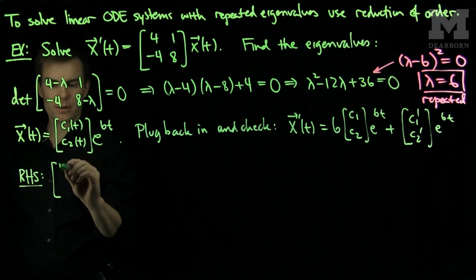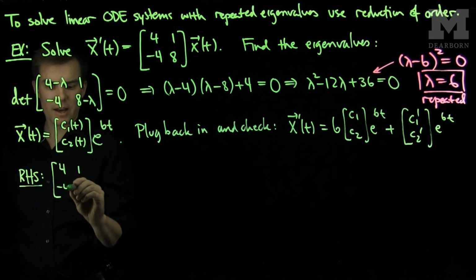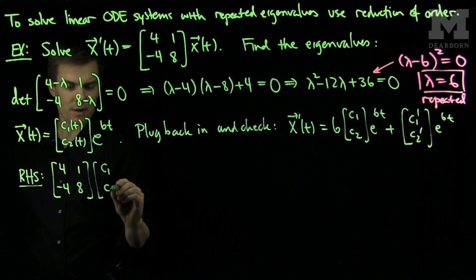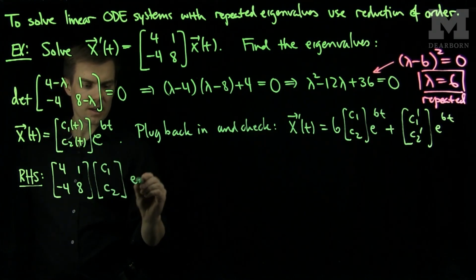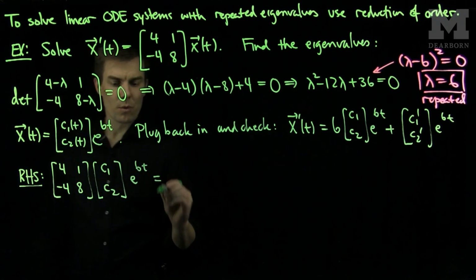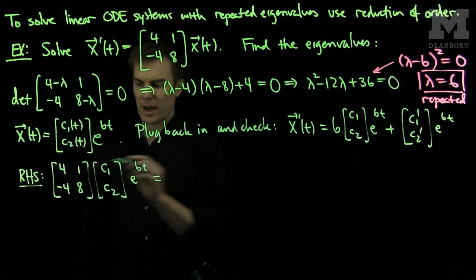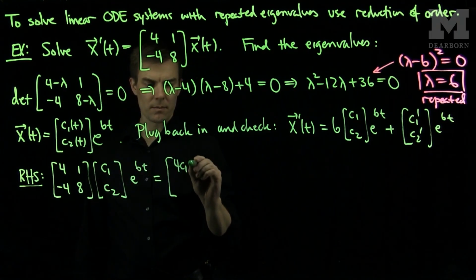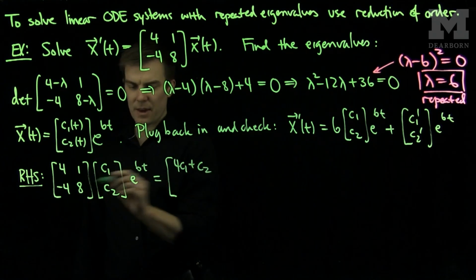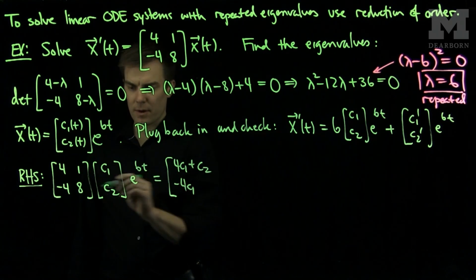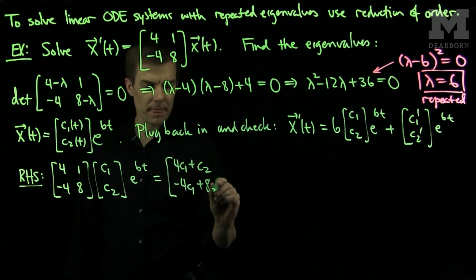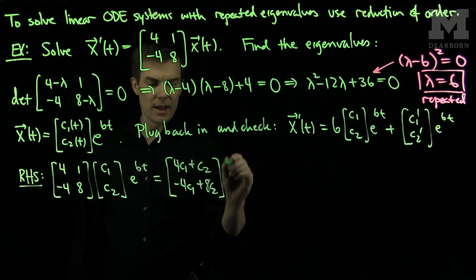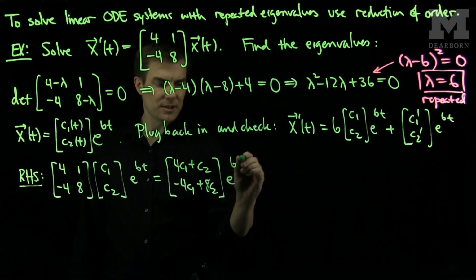The right-hand side of the equation will be our matrix 4, 1, negative 4, 8, c1, c2, e to the 6t, which when we simplify will turn into a 4c1 plus c2, and then a negative 4c1 plus 8c2, times e to the 6t.